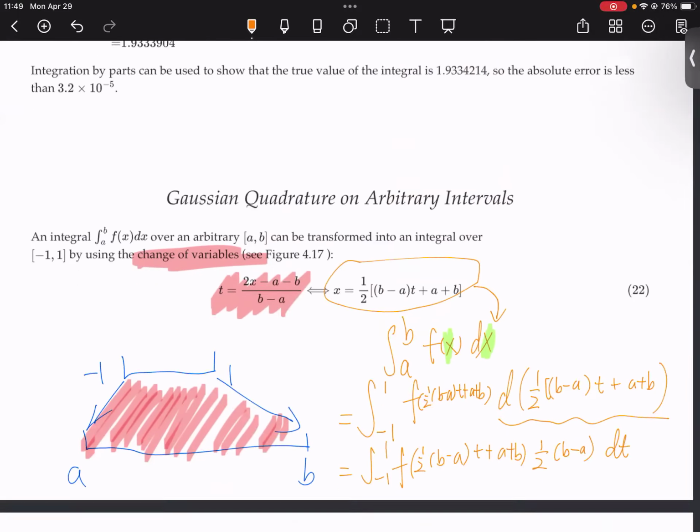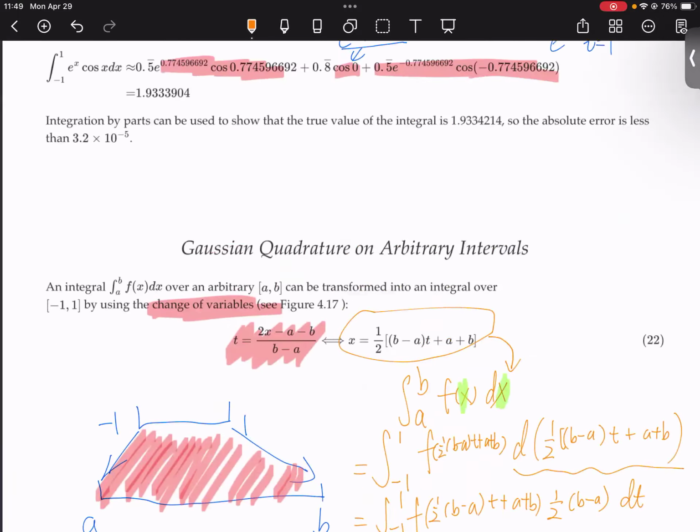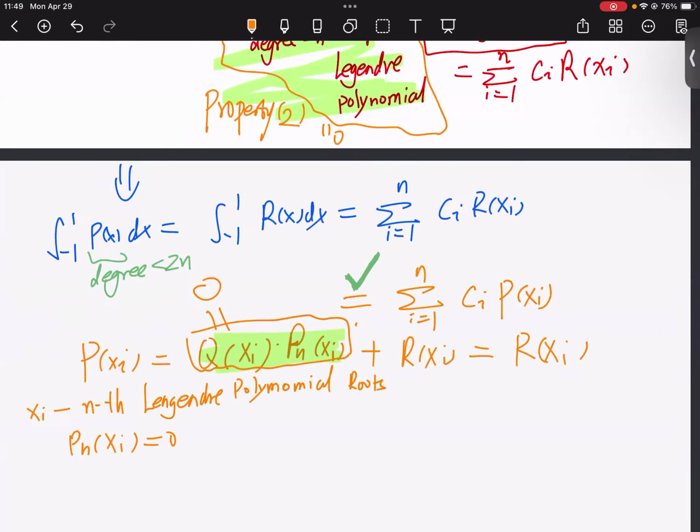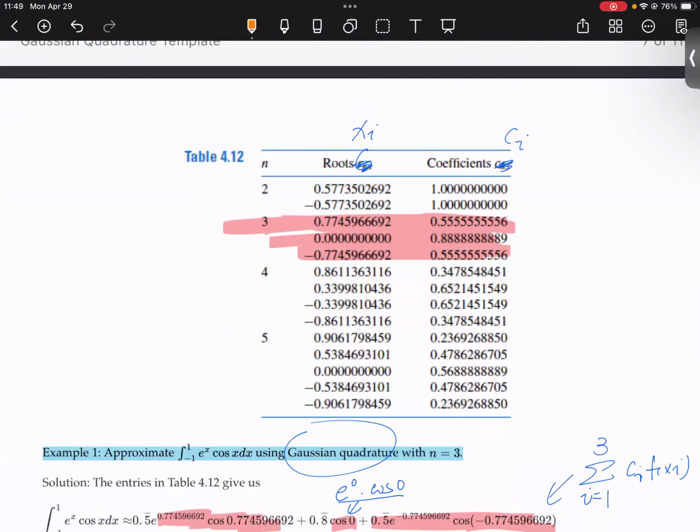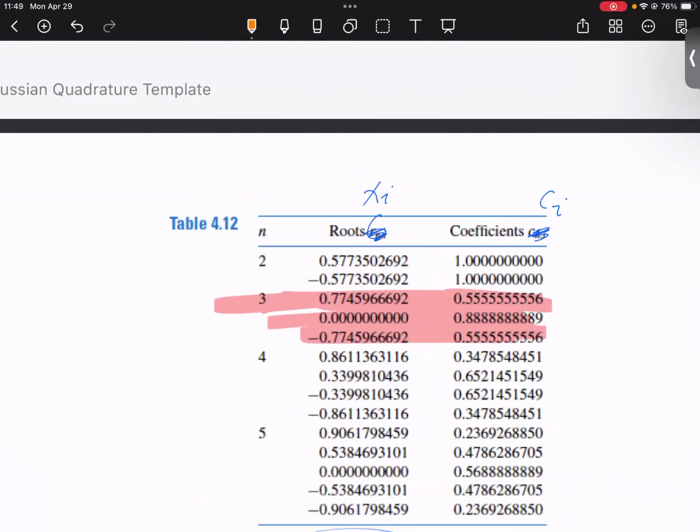So let's see, there's one table, and I got two tables here. These are tables people use to apply the Gaussian node points. If you take a look at the table here, these are the node points. With two node points, it is the square root of 3 divided by 3, which is just what we get.